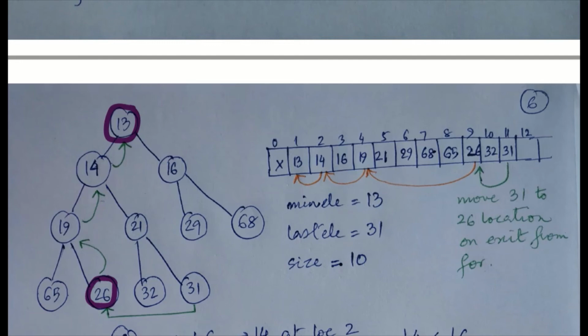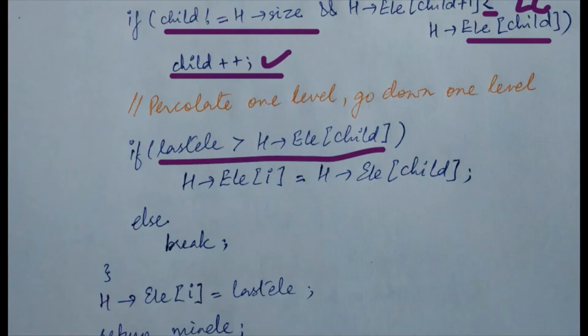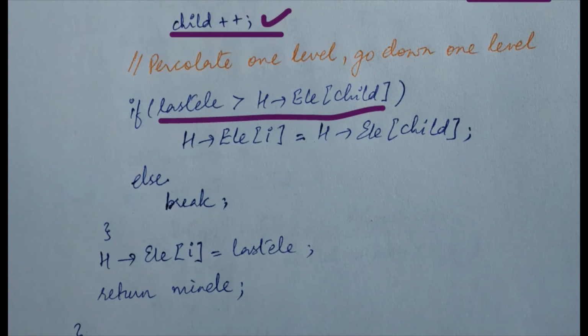So I compare 14 with 31. If the last element is greater than the child, then the child has the right to move up to the parent, and not the last element. So I'll copy 14 to the root location.